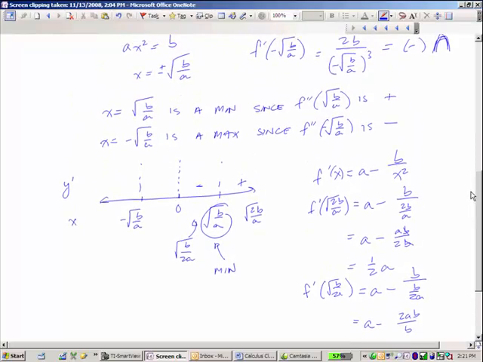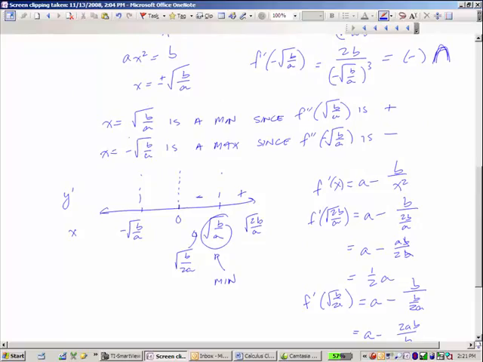Will would say, hey, guess what? We did that with the second derivative test in a lot less time and a lot less stress. Right? Can you see how you could pick these intervals?